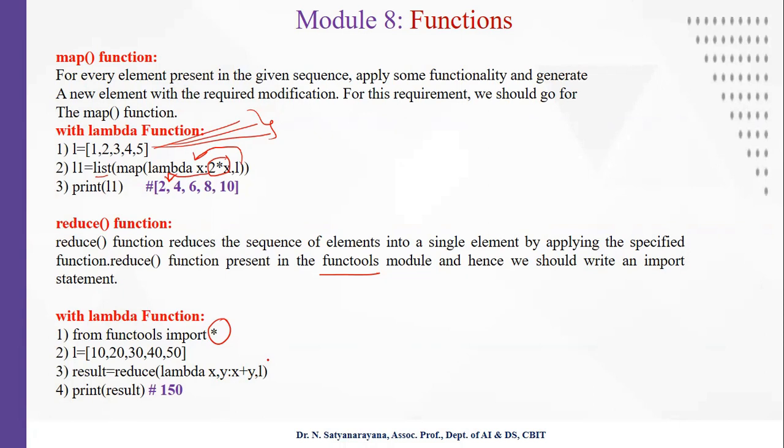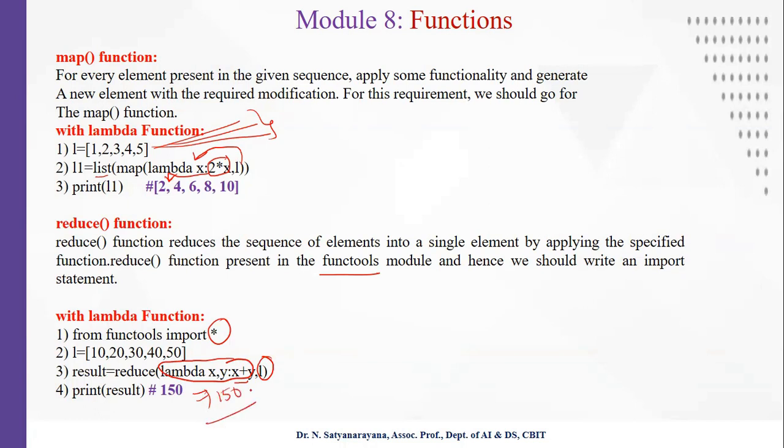I'm supplying the list here, and the expression being written is that all the elements you pass have to be summed up. That way it will return the aggregate value of the entire list. Aggregate value means the sum of the list elements. So what is the sum here? It is 150, you will get 150.